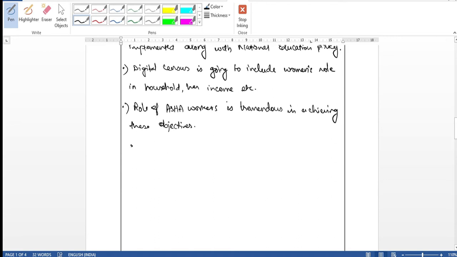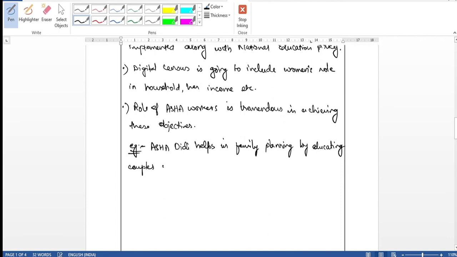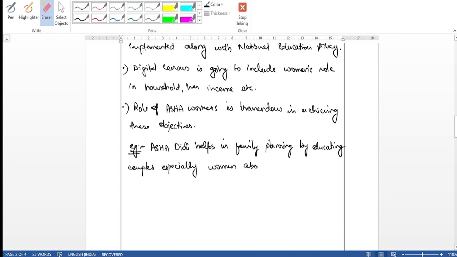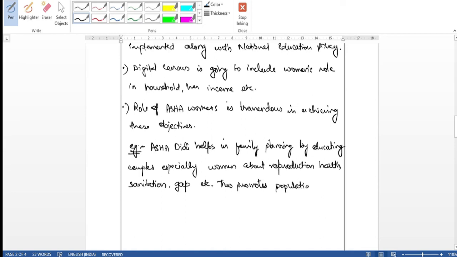Example: Asha Didi helps in family planning by educating women, educating couples, especially women, about reproduction, health, sanitation, family planning, etc. Thus it promotes demographic or population education.